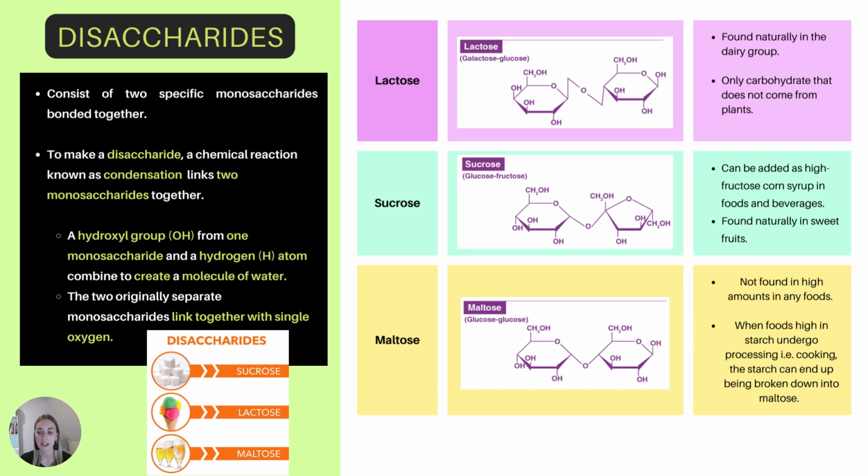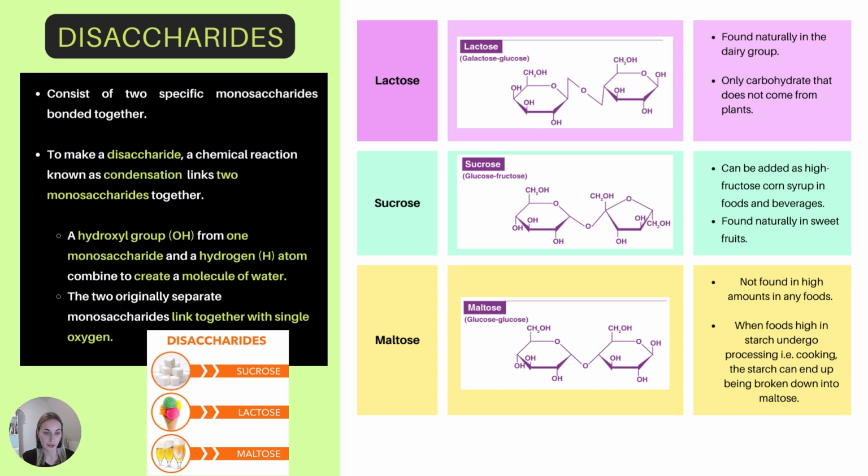To form a disaccharide, as you can see on the screen, a condensation reaction occurs and links two monosaccharide molecules together. A hydroxyl group from one molecule bonds with a hydrogen from another, and these form a water molecule. The two once separate molecules are now joined by an oxygen atom in the middle.